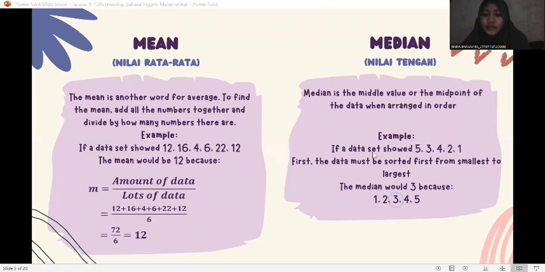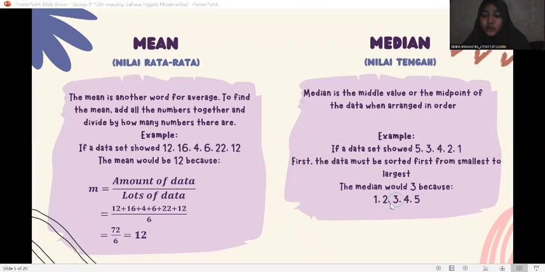Example, if a data set showed 5, 3, 4, 2, 1, first, the data must be sorted from smallest to largest. The median would be 3 because 1, 2, 3, 4, 5. And the median is 3.